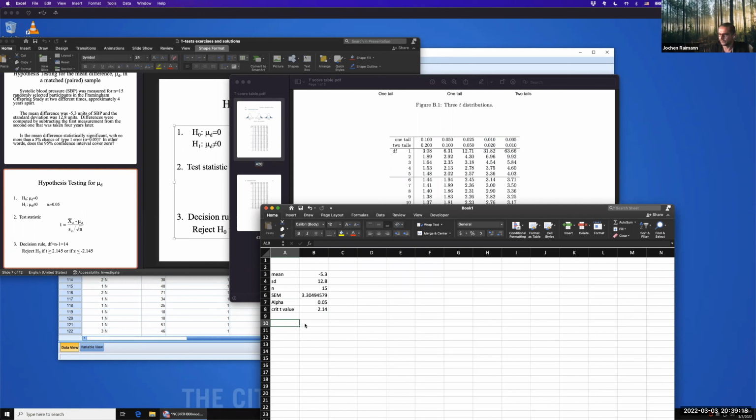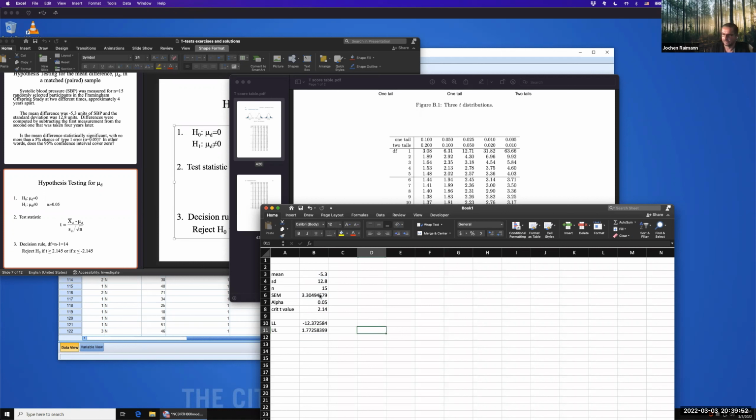So now you want to have your lower limit and your upper limit. Your limits are the mean minus or plus the critical value 2.14 multiplied by the standard error of the mean. The lower limit is minus 12.4, and the upper limit is 1.8.